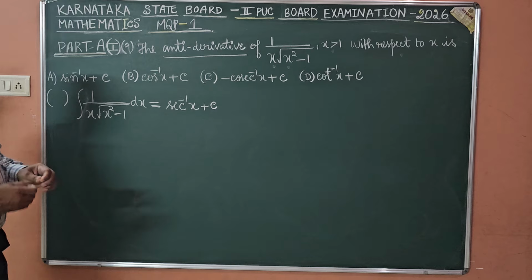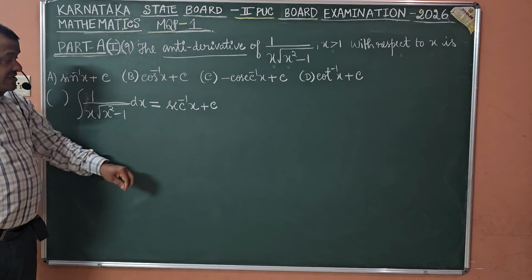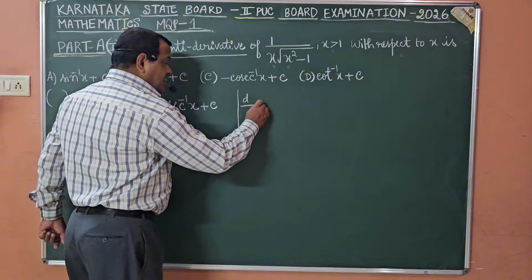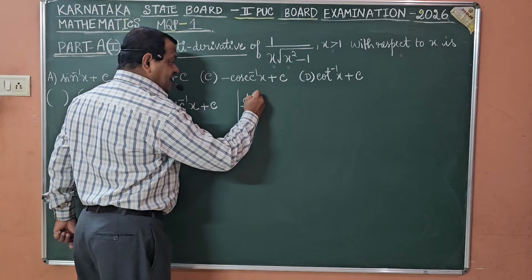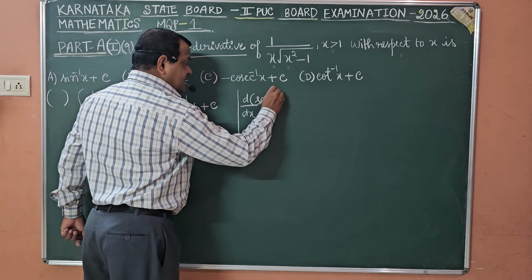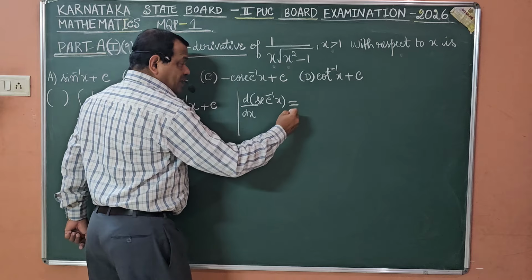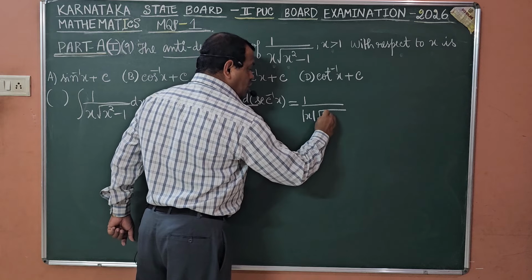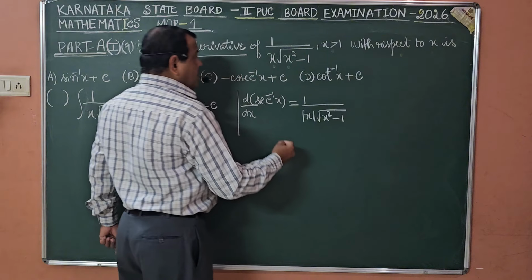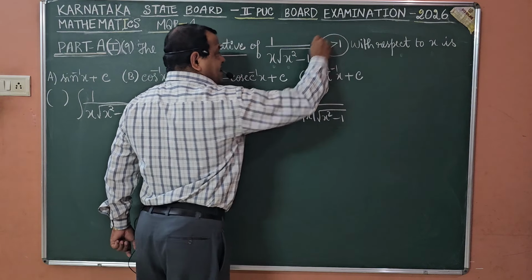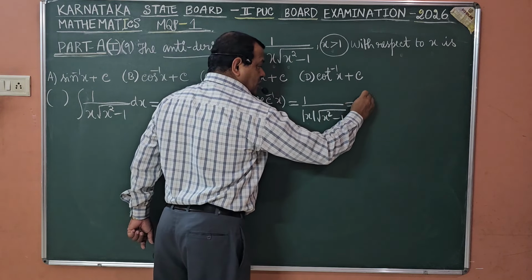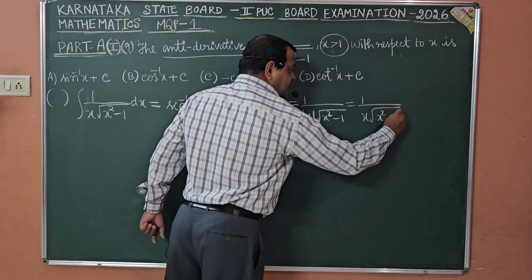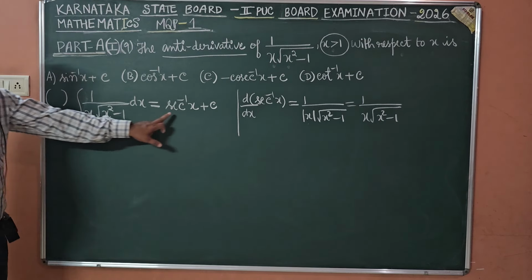Or in other words, d by dx of secant inverse x is actually 1 by mod x into root of x square minus 1. But since they have given x greater than 1, mod x is x only. So 1 by x square root of x square minus 1.